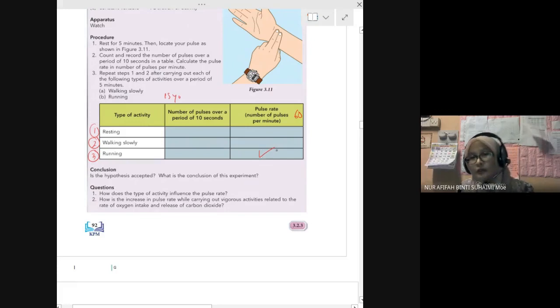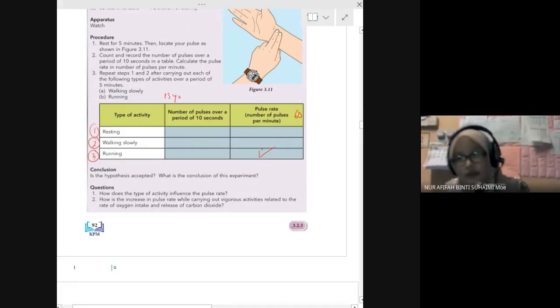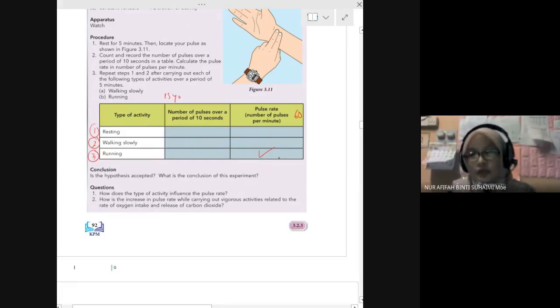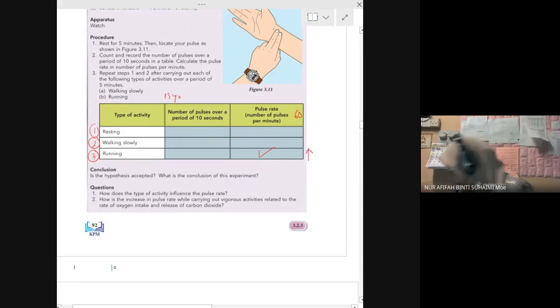If after running you do jumping, the pulse rate will also increase. For each vigorous activity that you have carried out, the pulse rate will increase.